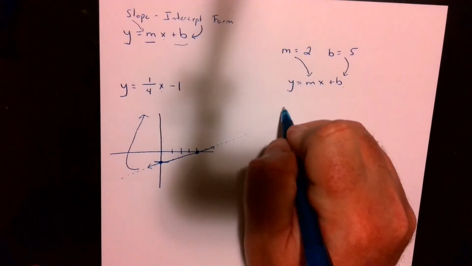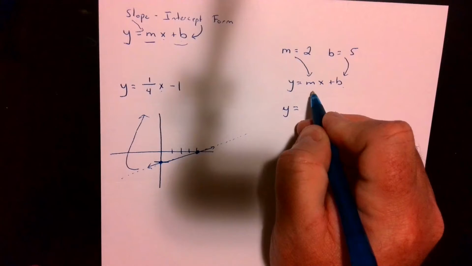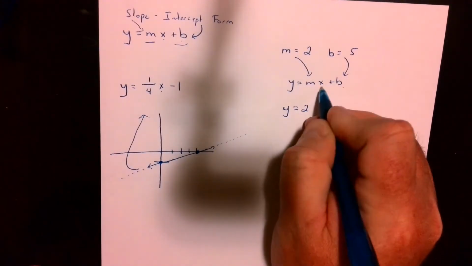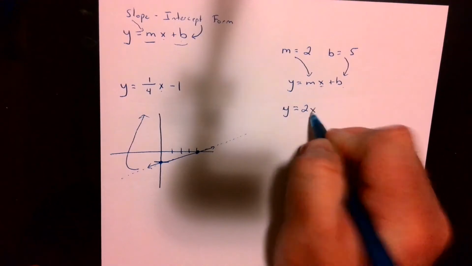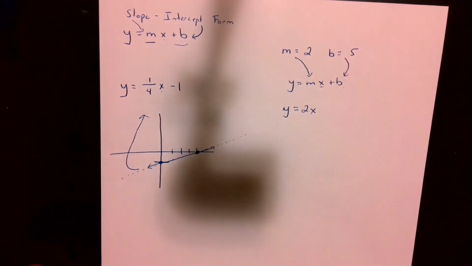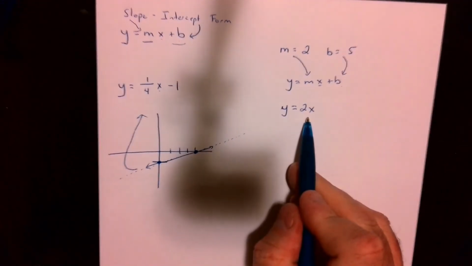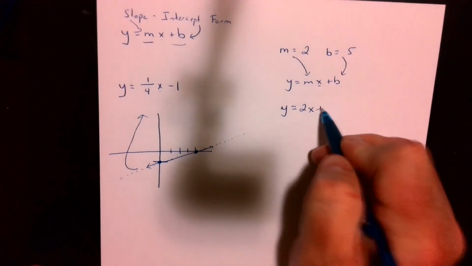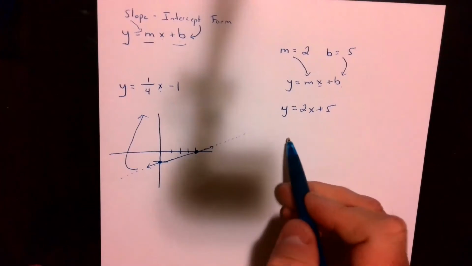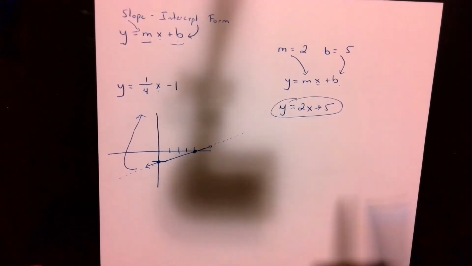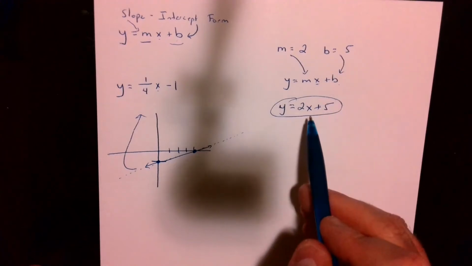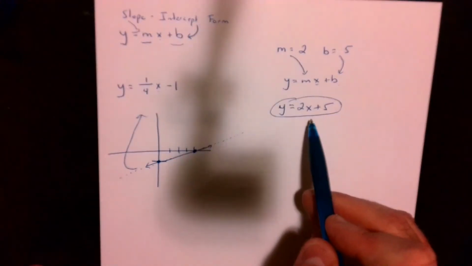So our equation turns out to be y equals not m, but we know m this time is 2. So y equals 2. Don't forget your x. That's where some kids will forget to put the x there. So y equals 2x plus b, but b is now 5, so plus 5. So that's the equation. That's our answer. That's all you're doing. If I give you the slope and I give you the intercept, can you write it into slope-intercept form? Y equals 2x plus 5.